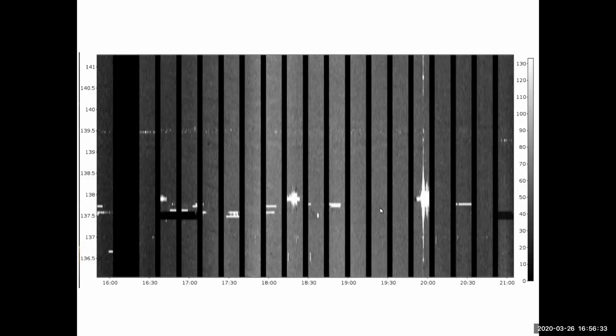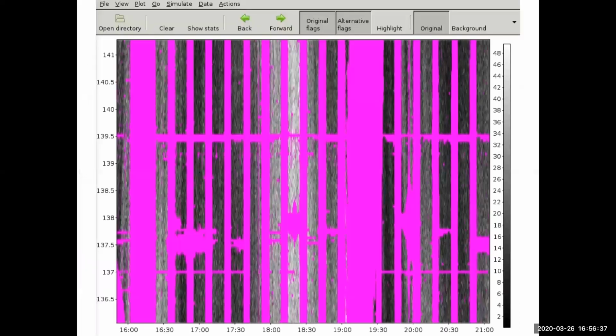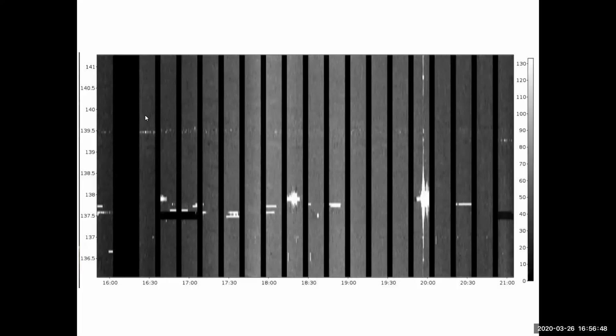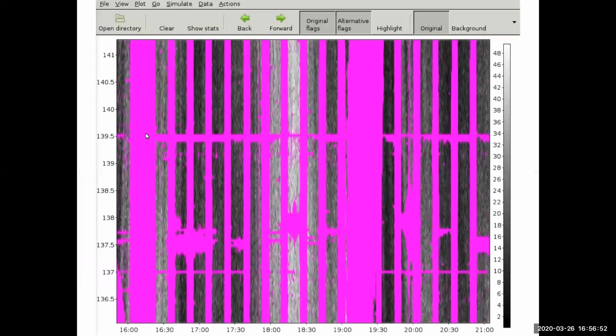I ran this through an automated algorithm, and it picked out the worst of it. That bright spike is gone, and all these little horizontal features are gone. The color scale has changed, so it's a little hard to match them, but this intermittent man-made source just got destroyed.